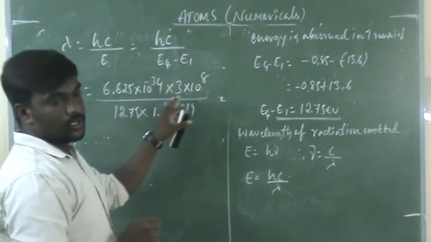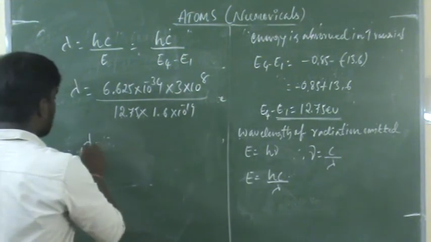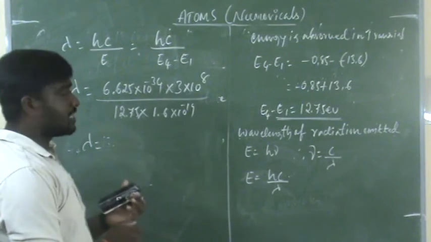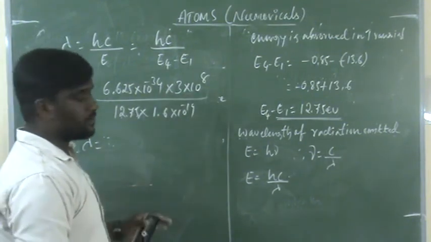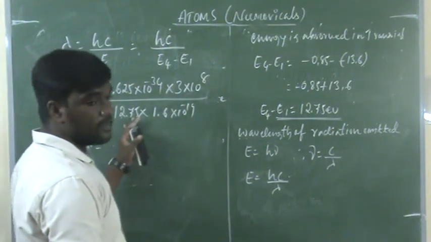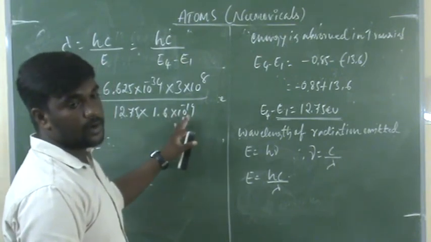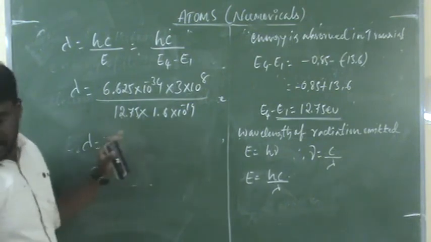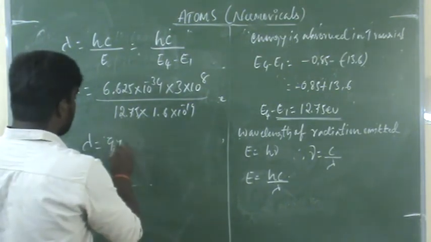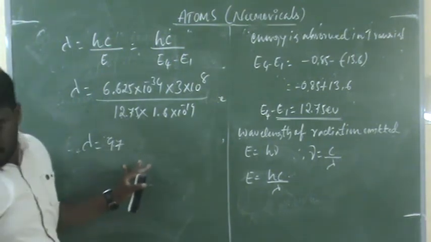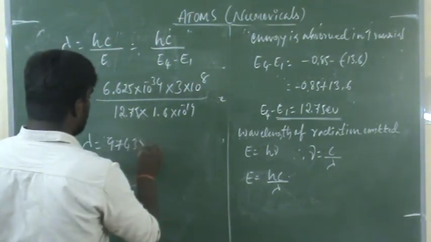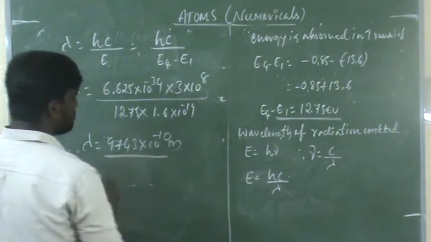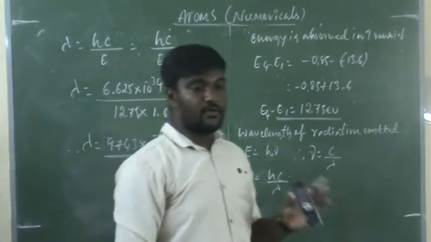Clear? So simplify. Lambda equals 6.625 into 10 to the power of minus 34 into 3 into 10 to the power of 8 divided by 12.75 into 1.6 into 10 to the power of minus 19. So that means 9743 into 10 to the power of minus 10 meter. Clear? This is the wavelength.